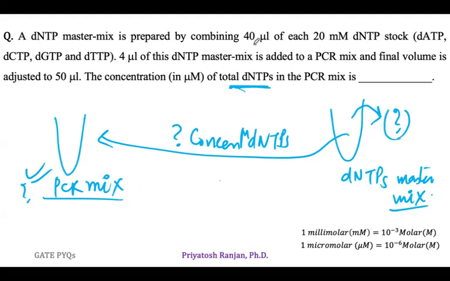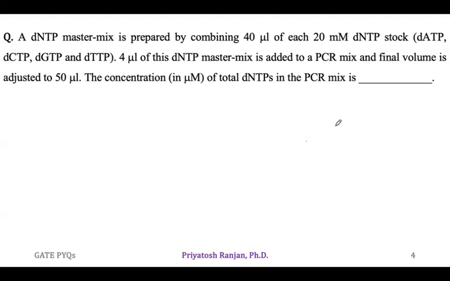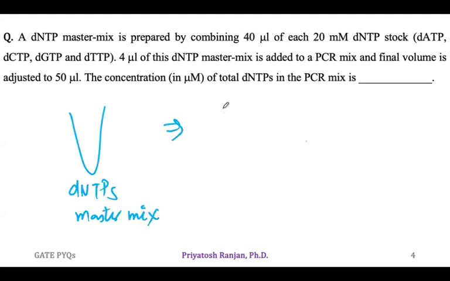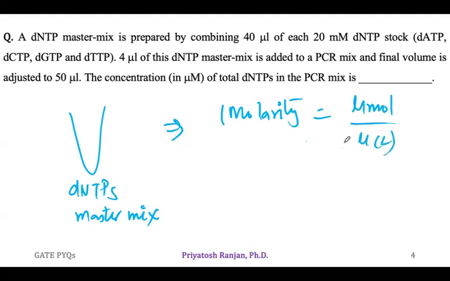Because remember, what is given is for the individual dNTPs. First, we need to calculate the final concentration of all those 4 dNTPs, which is dATP, dCTP, dGTP, and dTTP in a particular tube. So if I have to calculate the concentration of the dNTPs in the master mix, remember, I can make use of a formula, molarity equal to micromole per microliter.